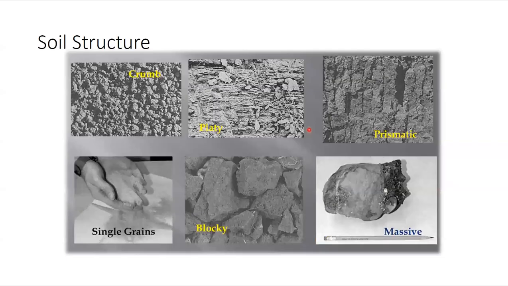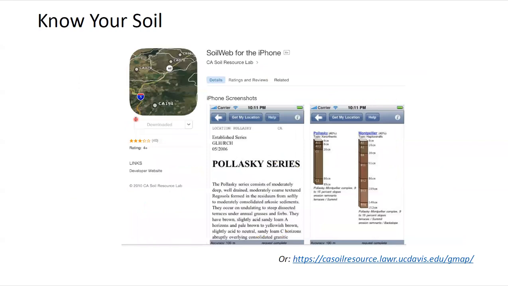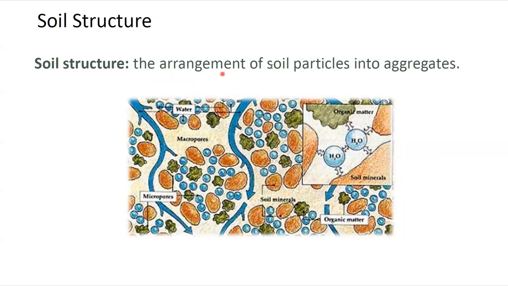Remember back here, we were talking about aggregation. So that arrangement of soil particles into aggregates, and this would be considered an aggregate right here. Within that aggregate, we have some soil minerals and organic matter and water, as well as some pore space that has air in it.